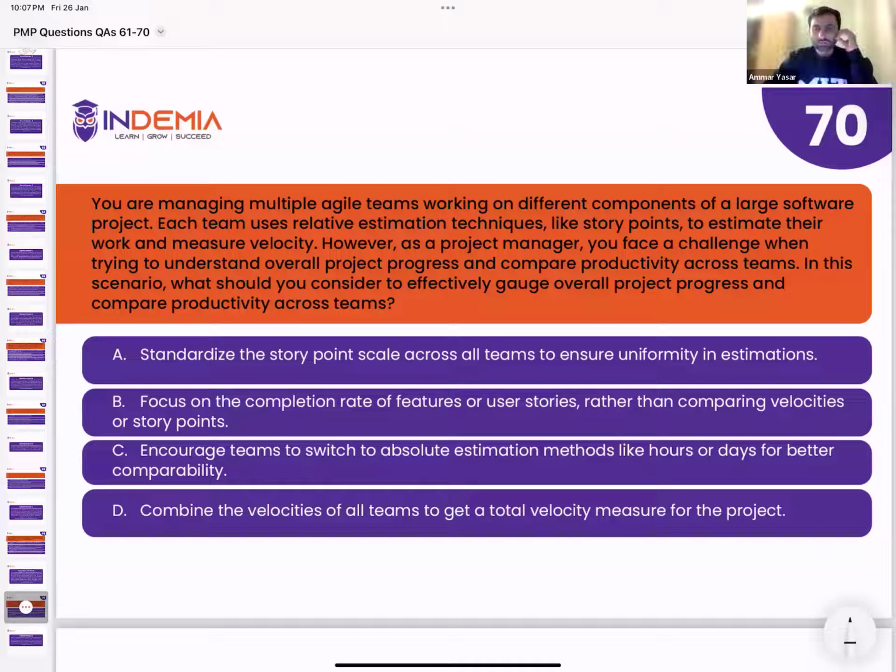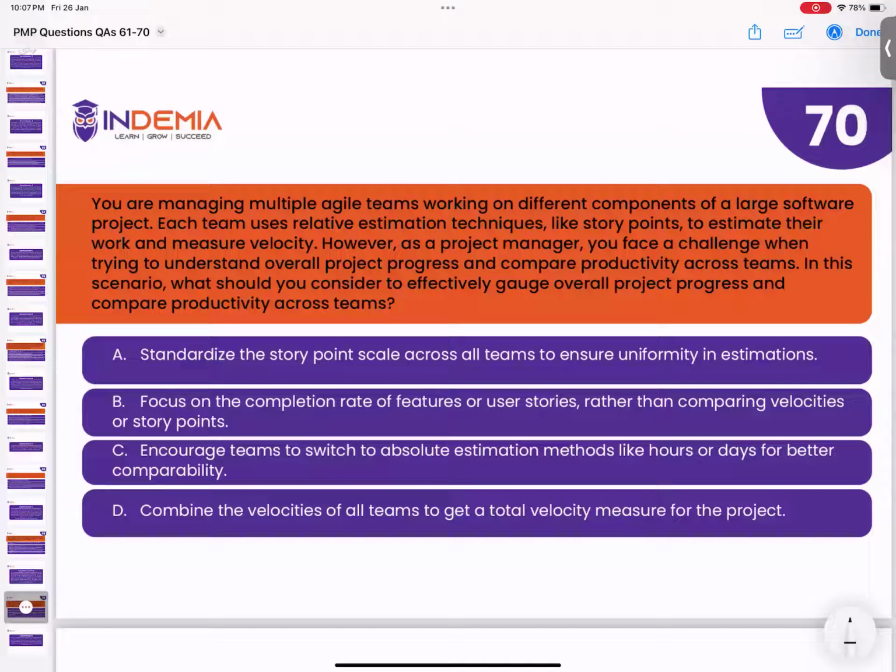All right. So Shankar, why have you chosen option A? Yes, because it states the standardization of the story points across all the teams. Because if you have a particular standard, we can gauge the performance effectively. It also mentions ensuring uniformity in estimations.